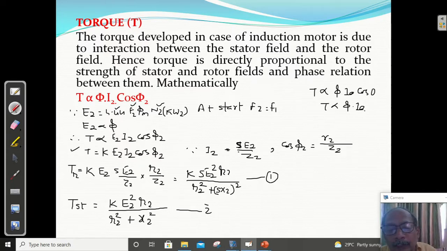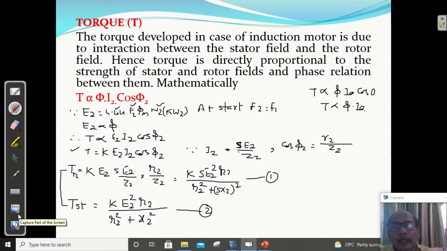This is the expression of torque: K into S E2 square R2 upon R2 square plus S X2 whole square, or slip will be 1 here, so you will get the starting torque. So these are the two expressions we got for running torque and starting torque.